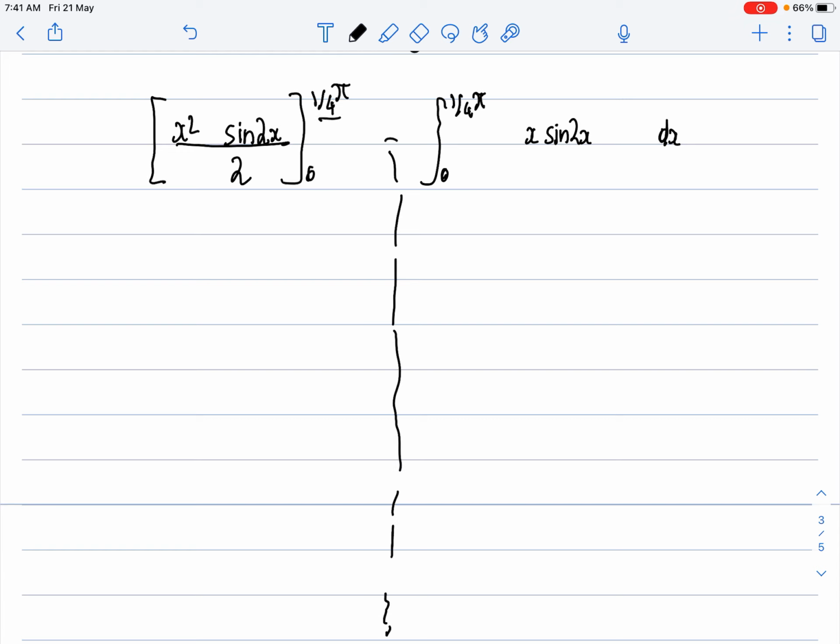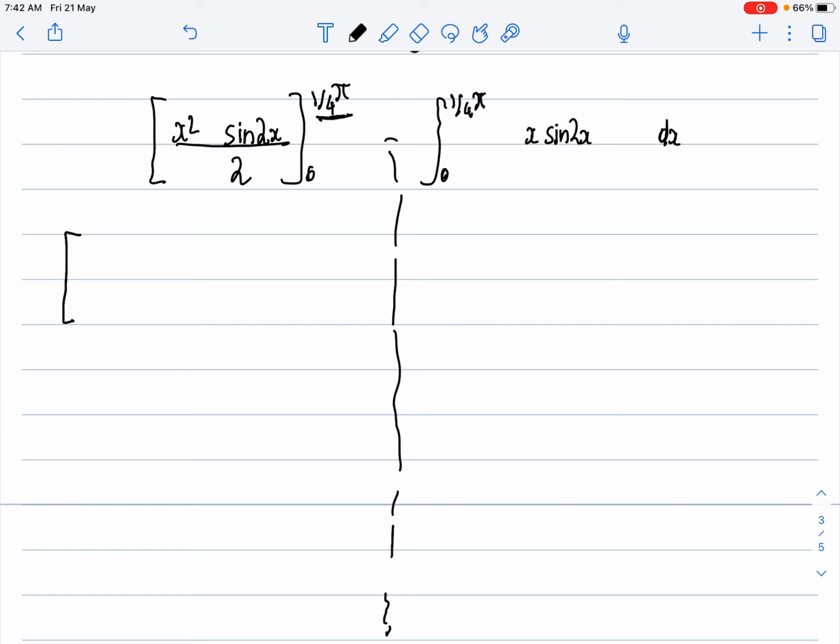So now here, first I'll put the upper limit in the place of x. So you can do that on the calc. First you can go for sine. Make sure you're on the radian mode. First you can do sine 2 into 1 over 4 pi. When you do that, you get your answer as 1.